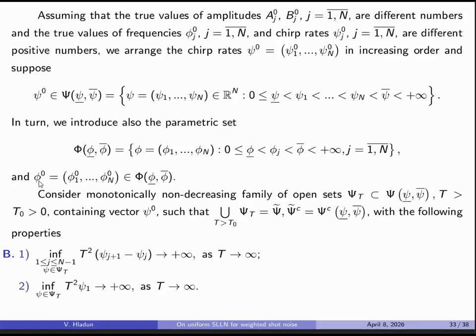In turn, we also introduce the parametric set capital phi, and suppose that the vector of the parameters phi_0 belongs to this set.